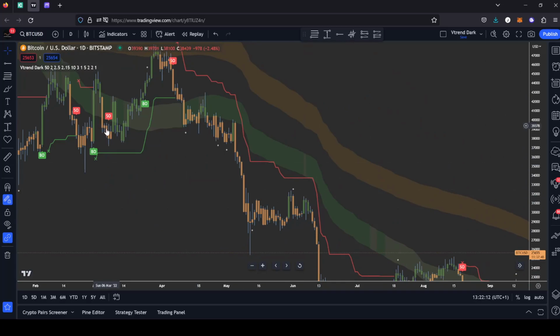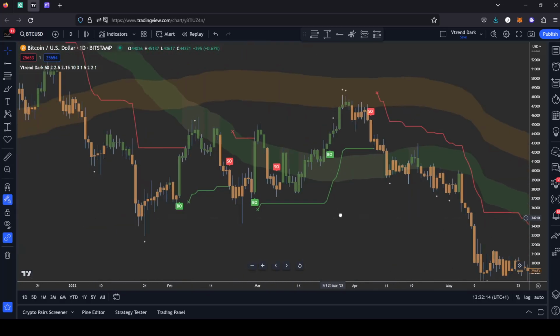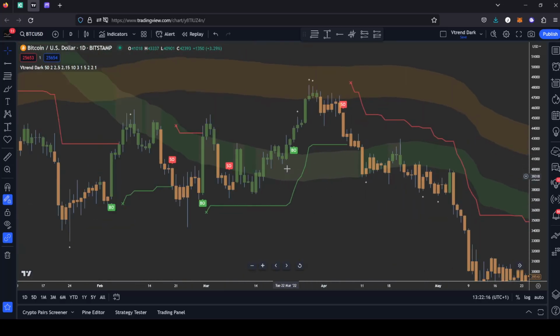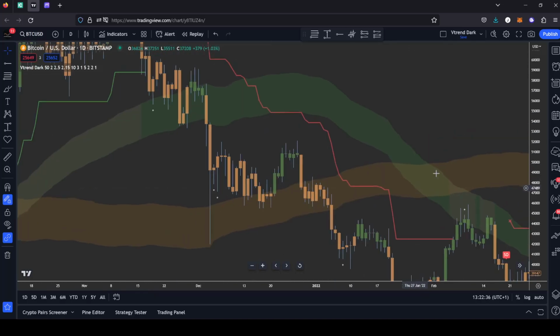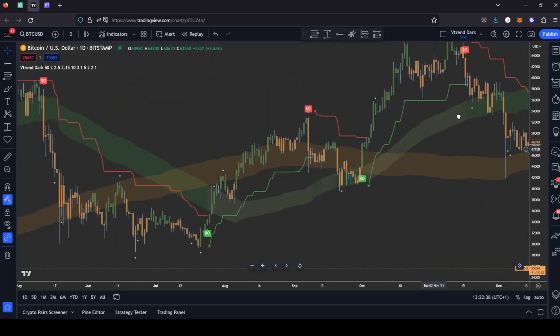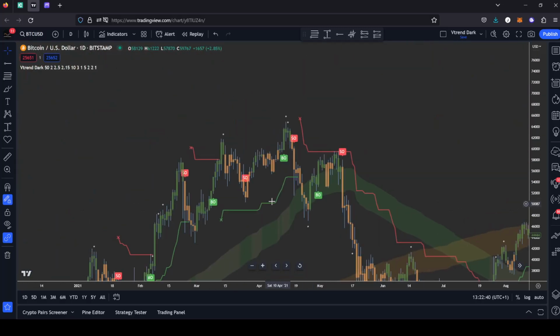We can still use them because these can be sharp entries. Same with the trend cloud signals. They can be sharp entries, but by the nature of that and the calculations, it's also going to give you bottom buying entries. So you get top and bottom buying entries as a result of this kind of strategy. Not always the case, but it will happen.